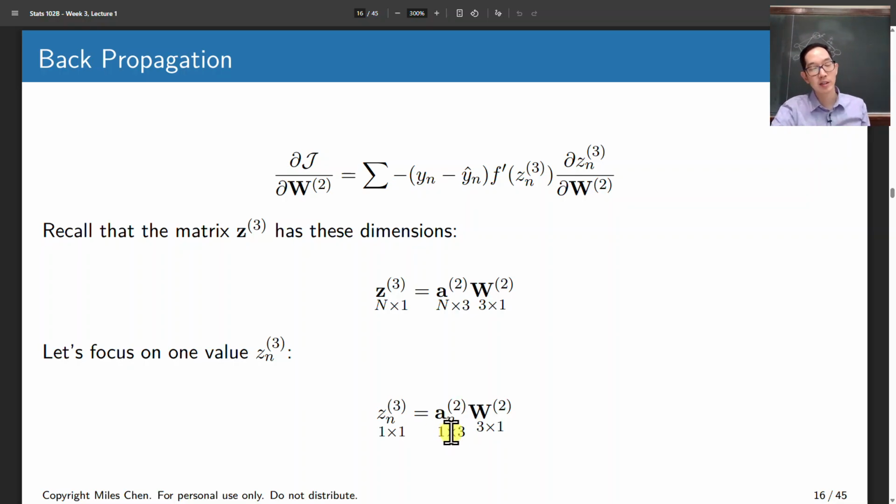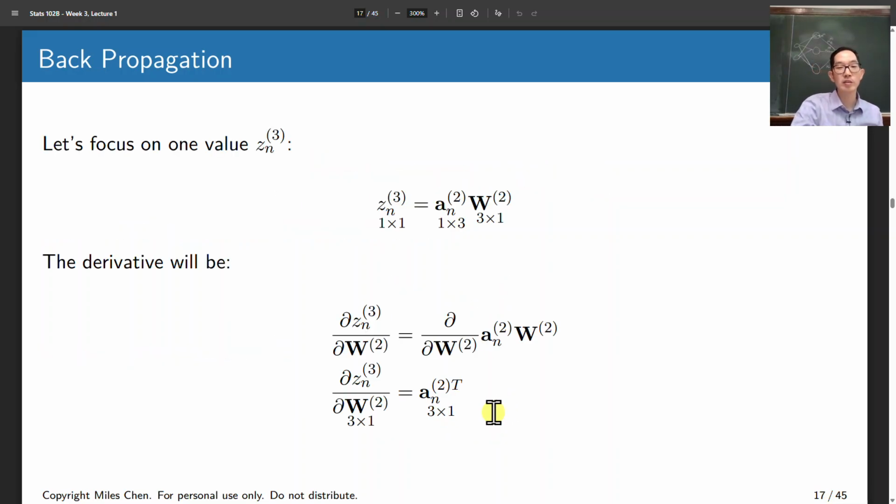So we have 3 values, so 1 by 3 times 3 by 1, that's going to give us 1 value here. So if we just look at one value here, we can say, okay, what is the gradient of this with respect to changes in W, right? So this is just using our gradient rules.